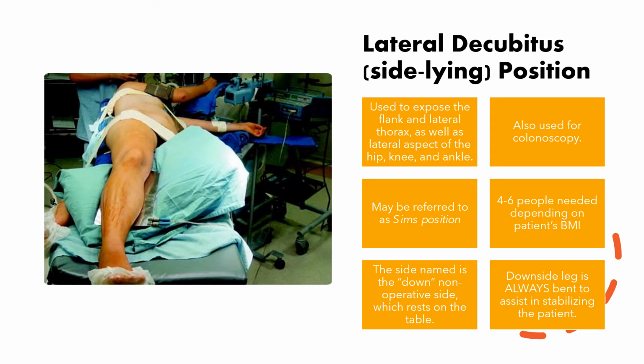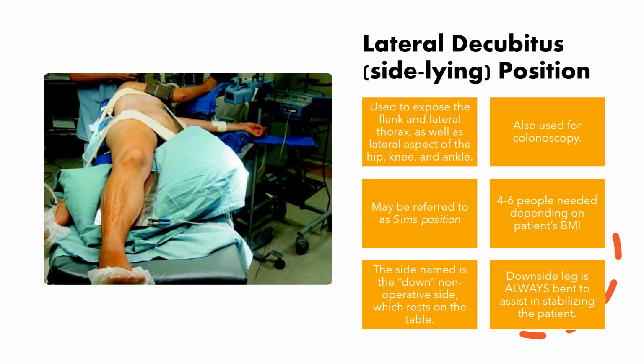And something important to note is that when we describe the lateral position, whatever side is named the downside is the non-operative side. That's the side that's going to rest against the table. So if we are looking at this patient, the right side is up and the left side is down.